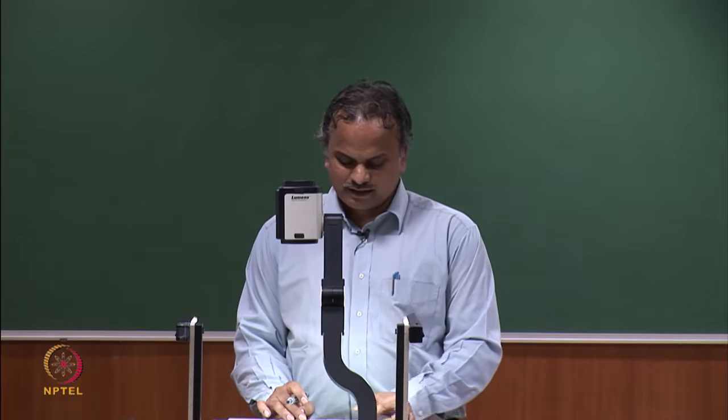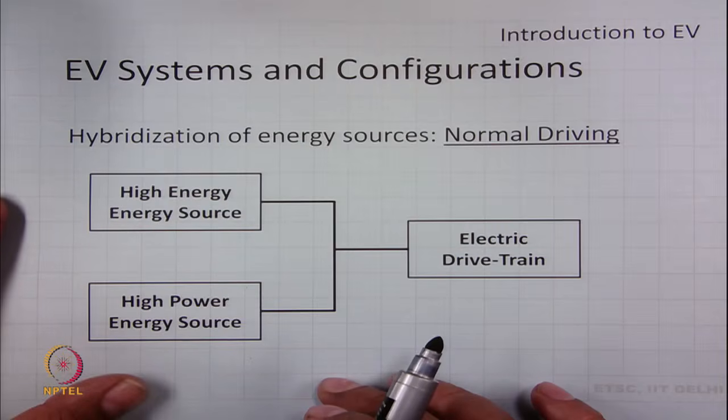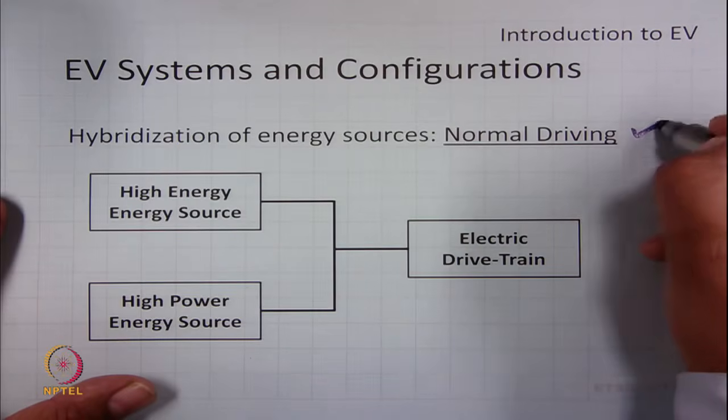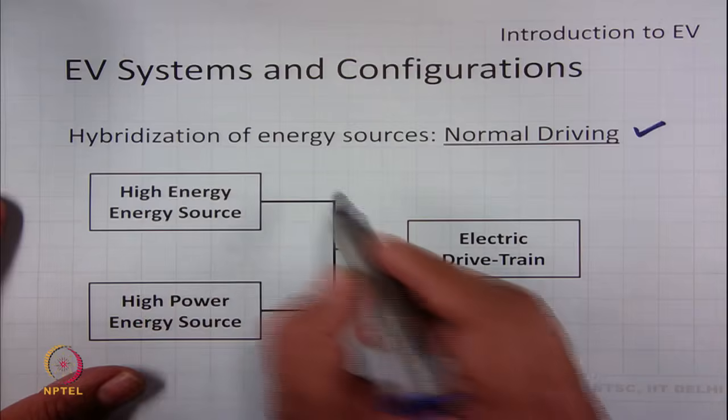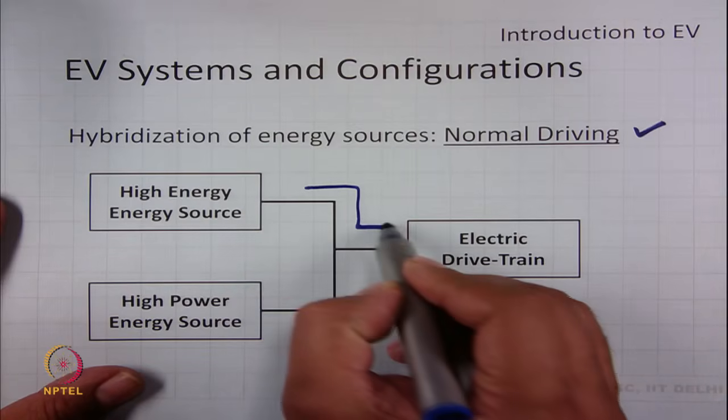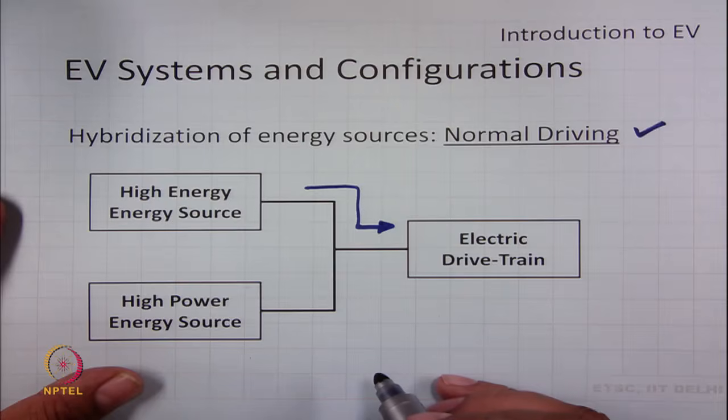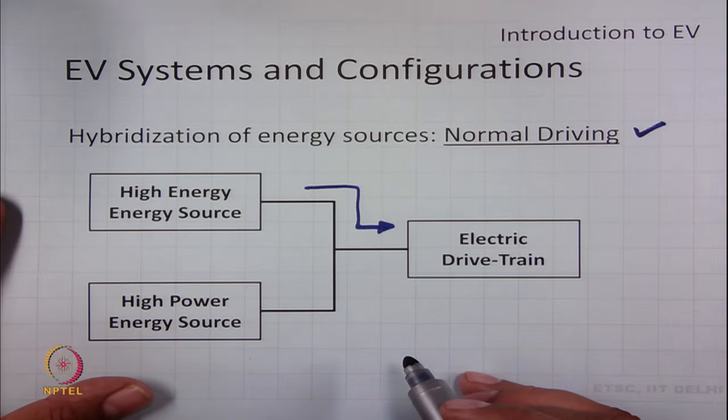So, let us see how the power flow is normally done in these hybrid sources. In case of normal driving, the high energy source is mainly used to drive the vehicle, such that we obtain a high range operation.